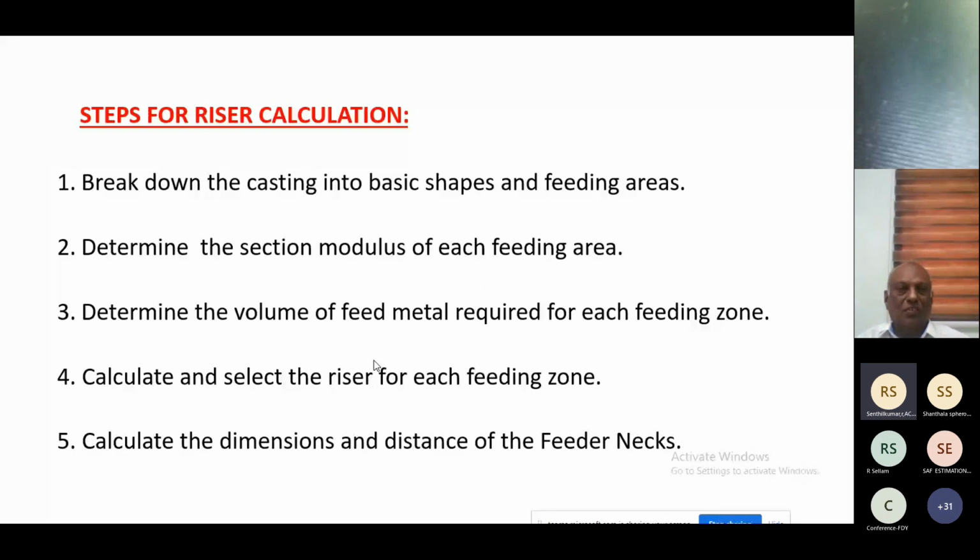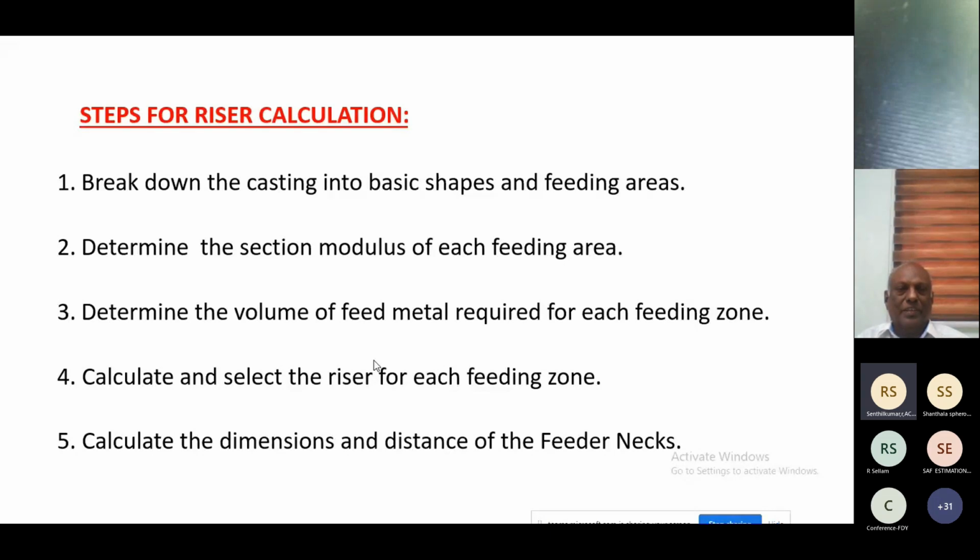Having gone through the required concepts which are to be understood, now we come to the next stage of designing a riser. It has 5 steps. Steps for riser calculation. First, break down the casting into basic shapes and feeding areas.